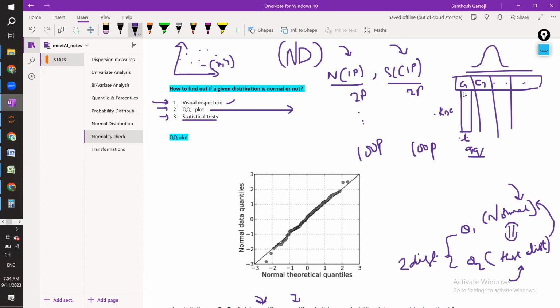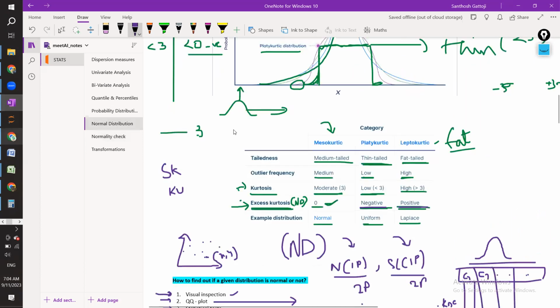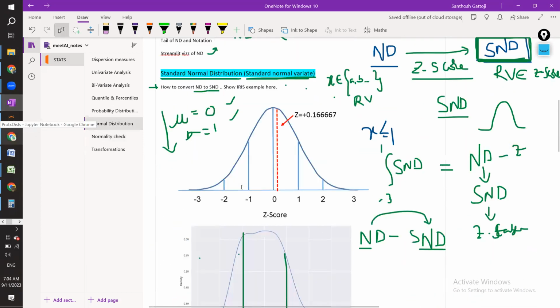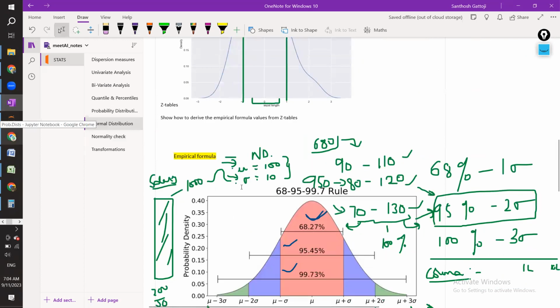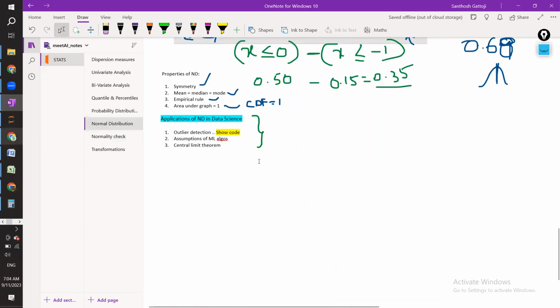Once you are convinced that this can be considered a normal distribution, then your life will be easy. Then all this comes into the picture, mainly outlier detection.